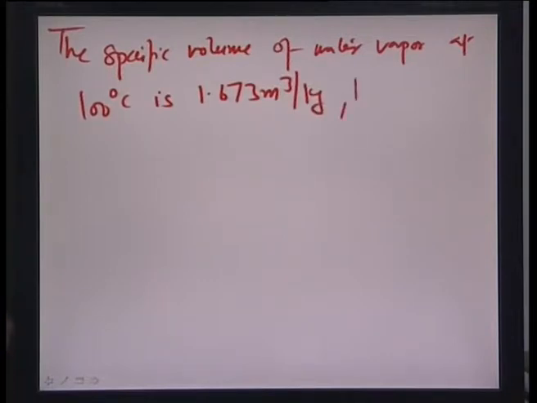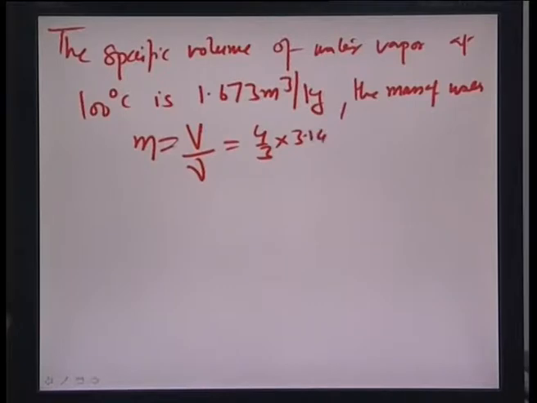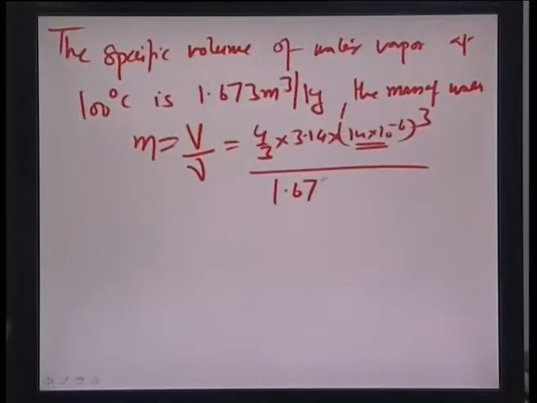The mass of water, therefore, m is given by V by ν. The volume is essentially 4/3 × 3.14 × 14^3 × 10^-18, that is, the volume of a sphere of radius 14 microns, so diameter 28 microns, which is the size of the bubble, divided by the ν value, which is 1.673.